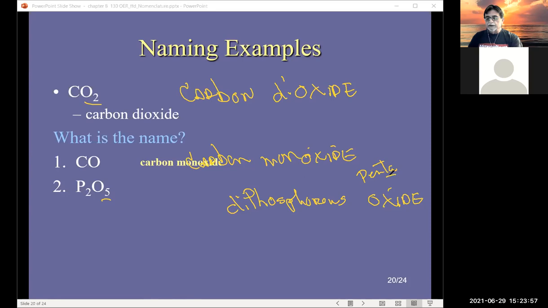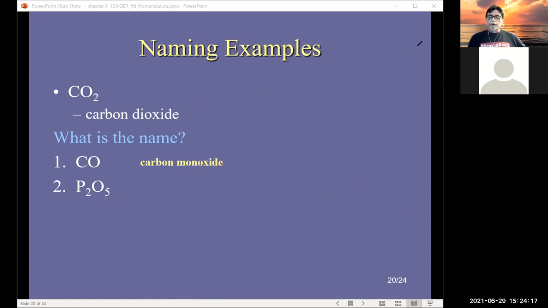Now, here's a vowel, which is A, and a vowel, which is O for oxide. We're supposed to drop the A from penta, and that becomes pentoxide. If you forget to do that, I'm not going to make a big deal out of it. If it looks like that, all right, I'll take it. No big deal. But technically, that A should be dropped: pentoxide.